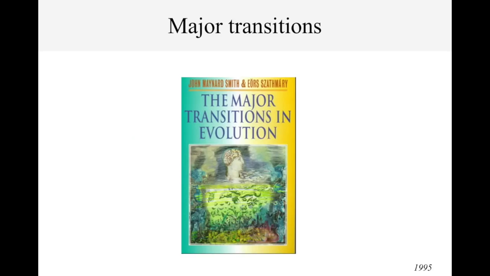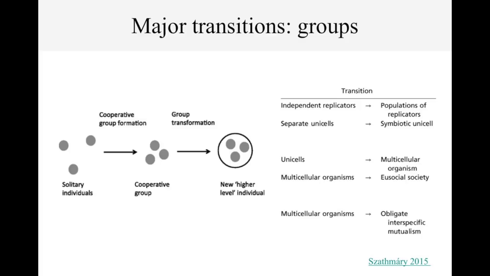In fact, the major transitions in evolution were put forward by a very famous book in the field, about 20 years ago, trying to explain what are those big transitions that we need to explain in evolution. And you got different kinds.